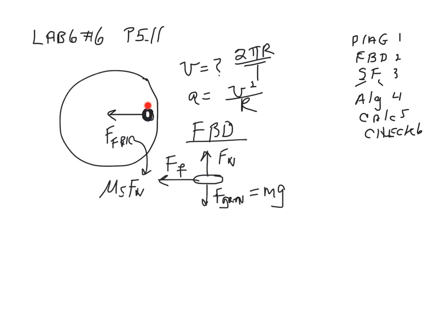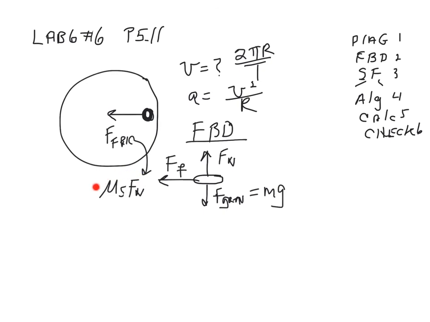But we need to look at this along the horizontal plane. So if I take the coin and draw it along its edge, then I can see the gravity force, the normal force, which is the platform supporting the coin, and the force of friction acting toward the center.